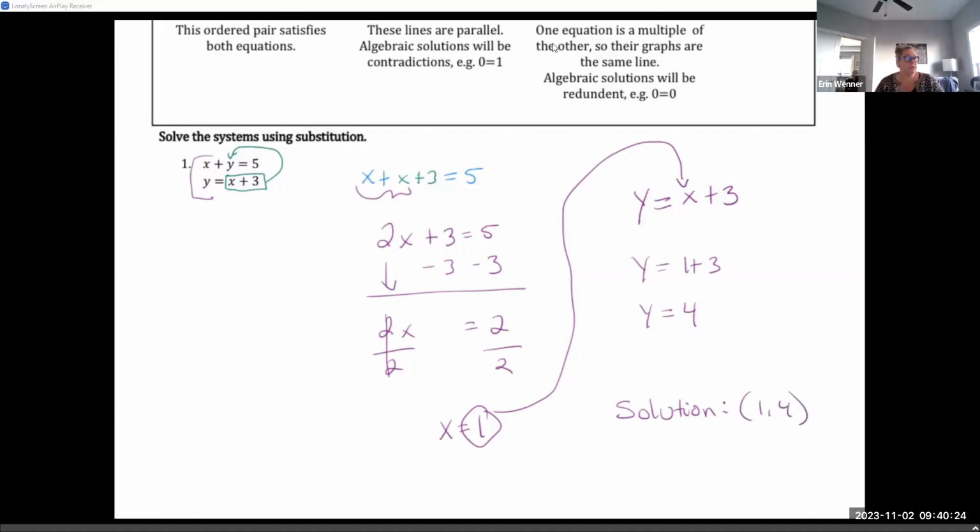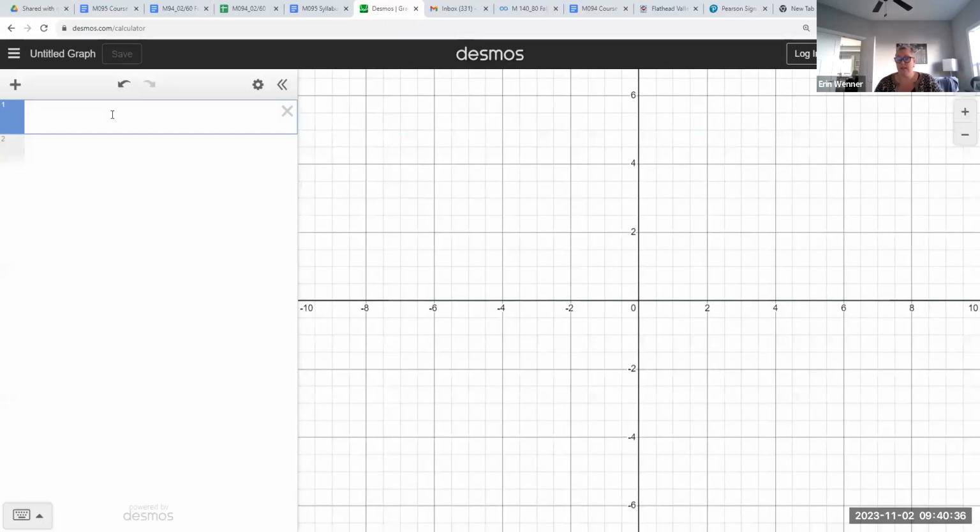Also, if we go into Desmos, let me share my Desmos screen with you. We can type those equations in. Remember, my first equation was x plus y equals 5, so there's that equation here in red.